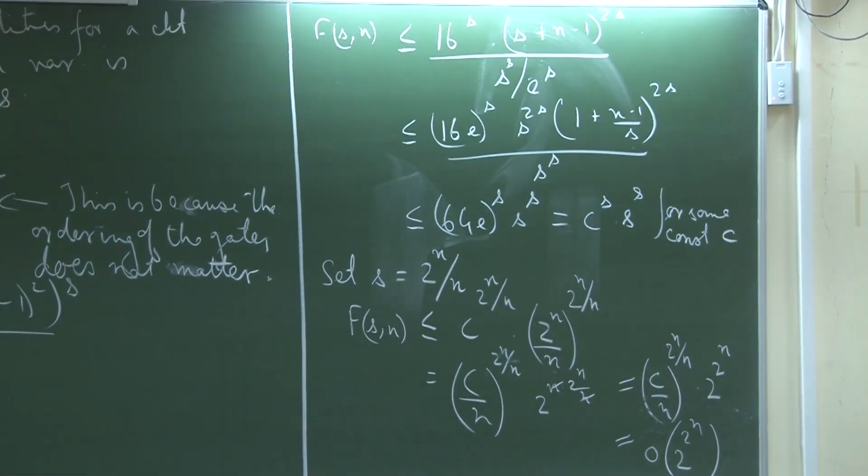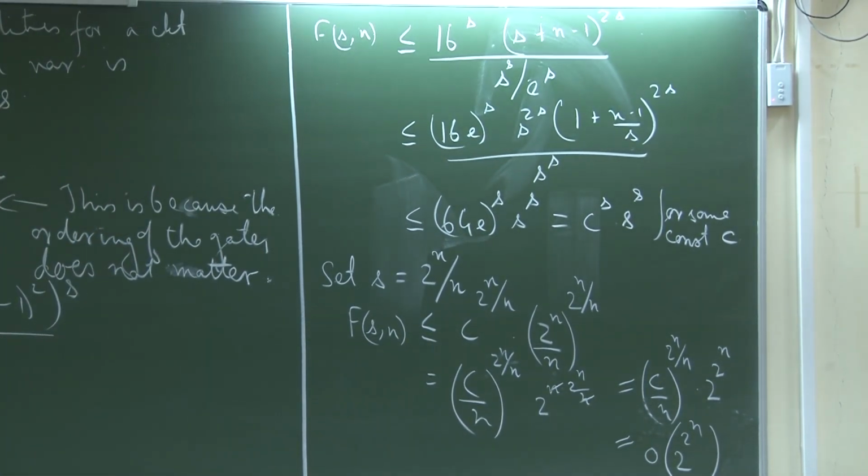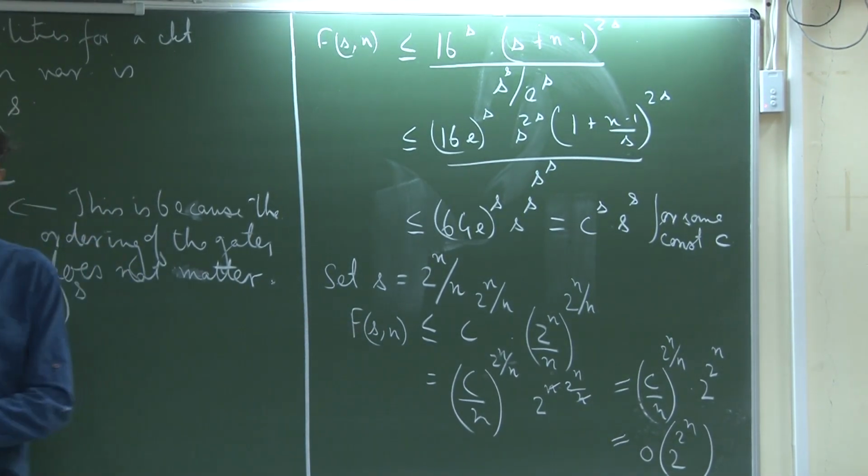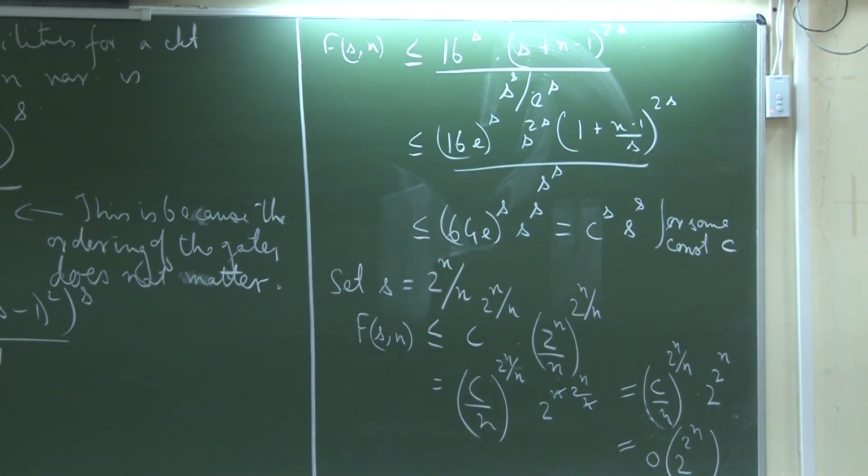So, therefore, for all remaining Boolean functions, we require circuits of size greater than s. So, any questions?